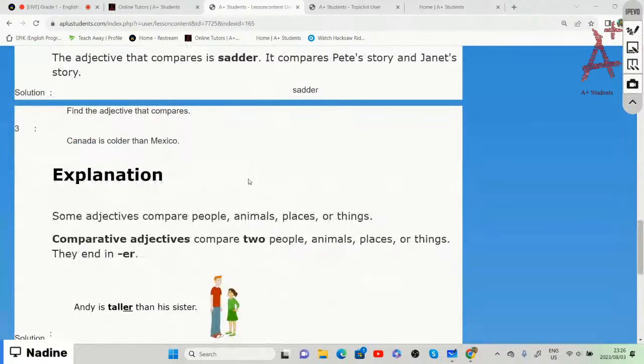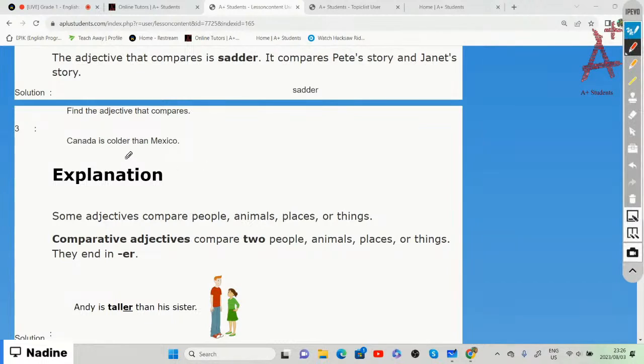Canada is colder than Mexico. Colder is our adjective that compares. Colder ends in er, which means this is a comparative adjective. Canada's weather is being compared to Mexico's weather.